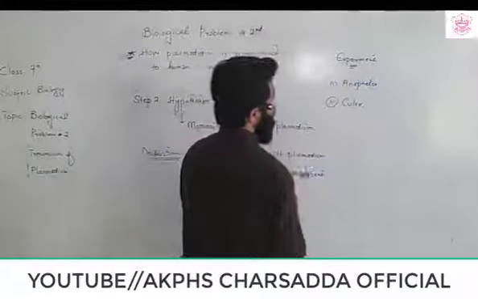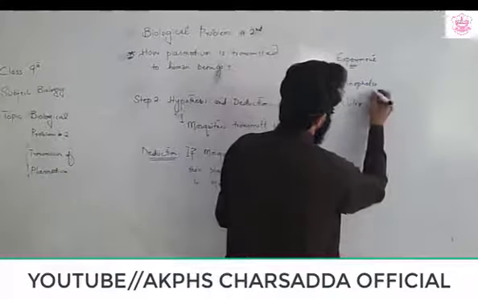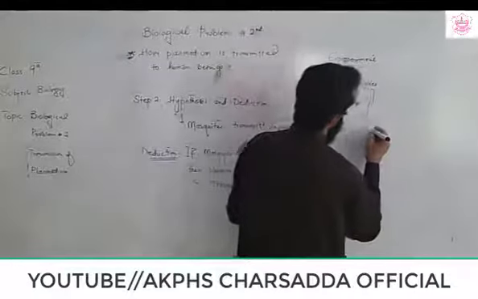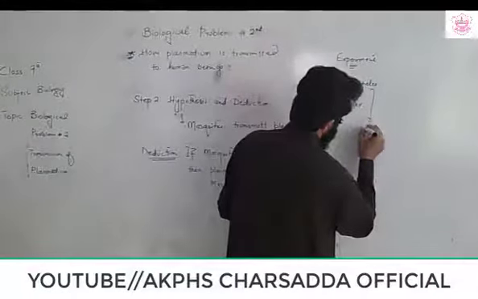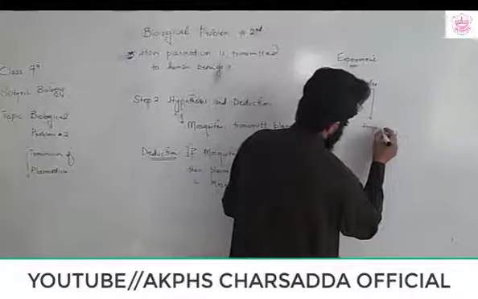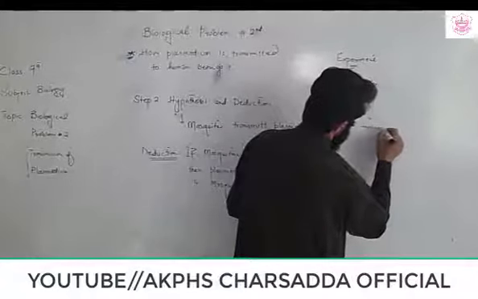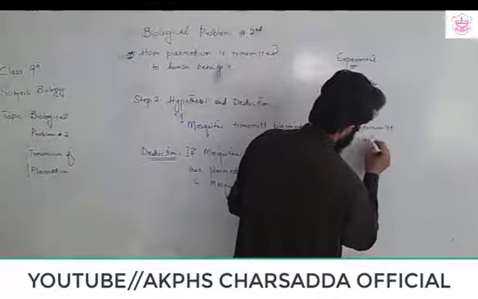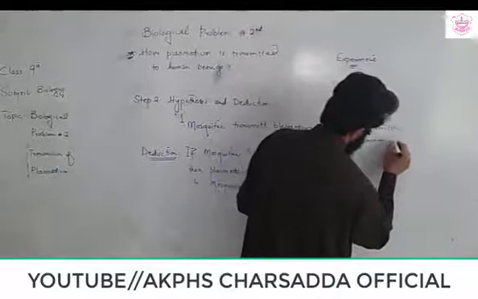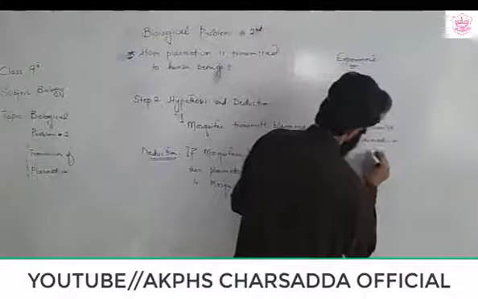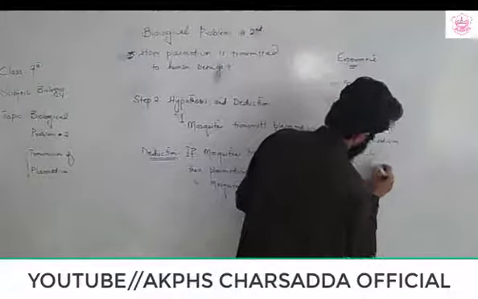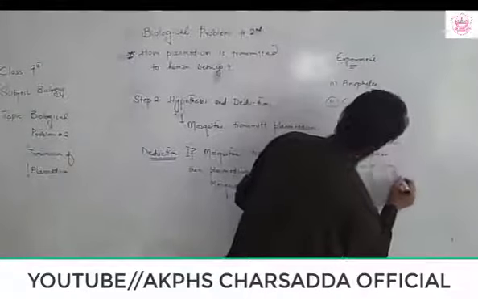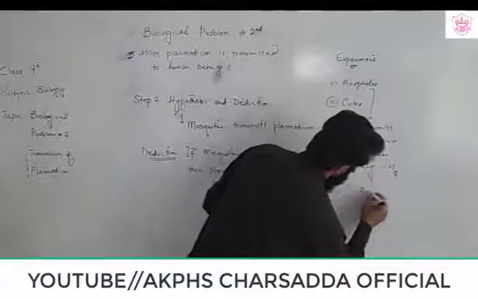The mosquito which transmits and causes malaria in a human being is known as Anopheles. The mosquito which transmits Plasmodium in human beings is called Anopheles.